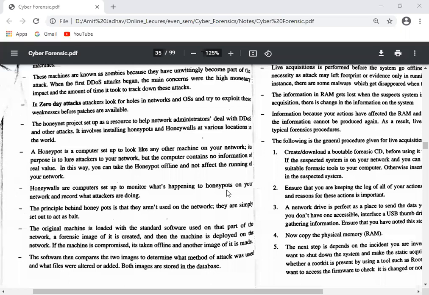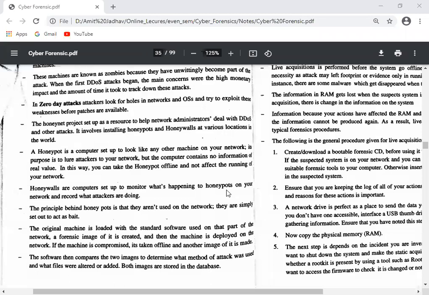Whenever we perform network forensics, all the standard data is first installed on particular machines, and using network forensics we create a forensic image. Whenever we find that an attack was performed on such a computer, we take it offline and create another forensic image.